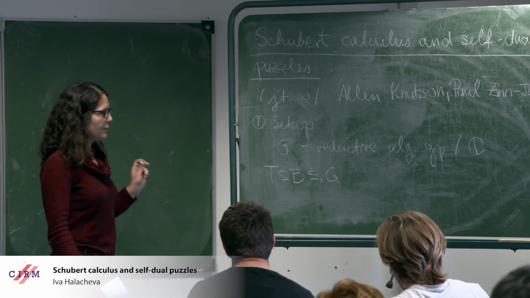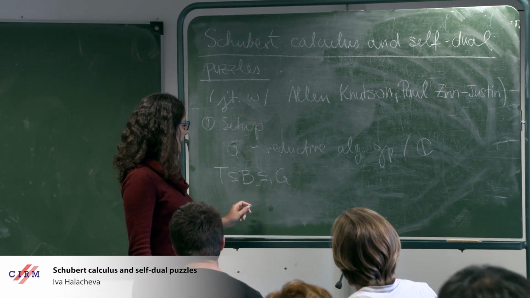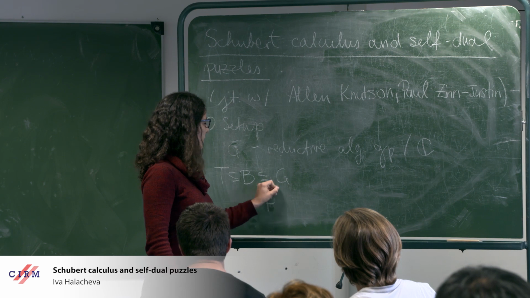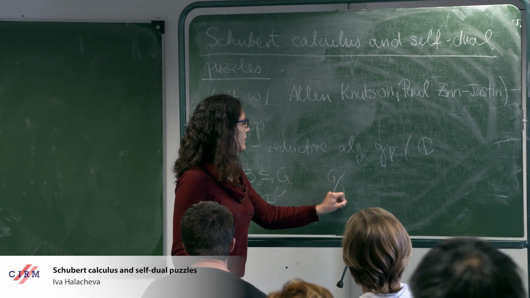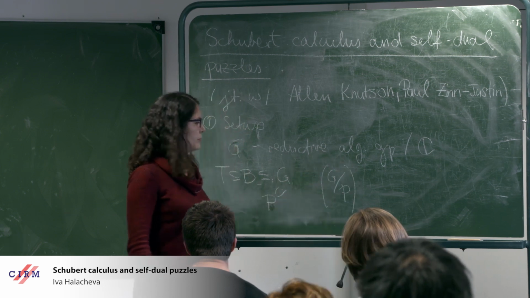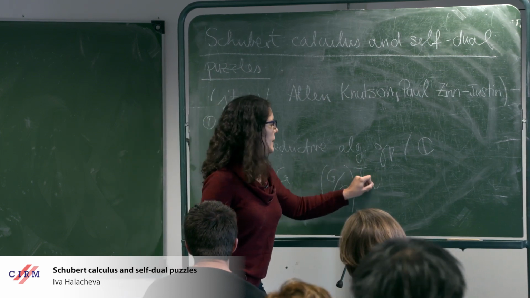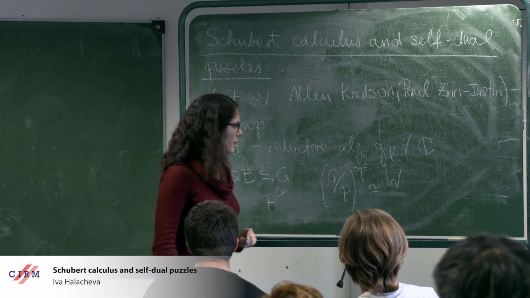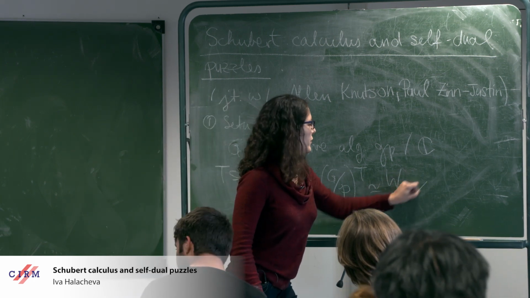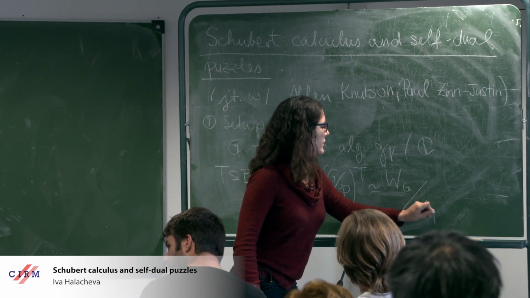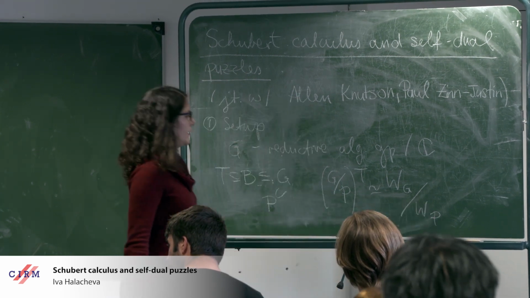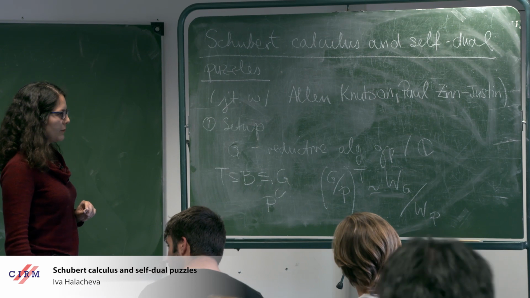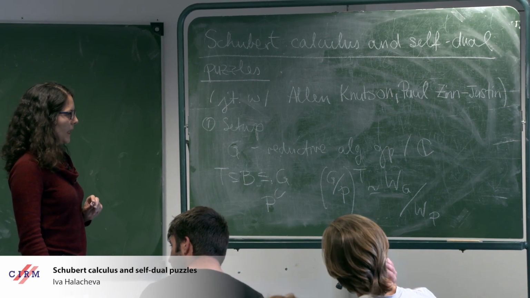And then if we look at a parabolic inside our group, then the torus fixed points on the smooth projective variety G mod P are isomorphic to the quotient of the Weyl group of G, quotiented by the Weyl group corresponding to the parabolic.